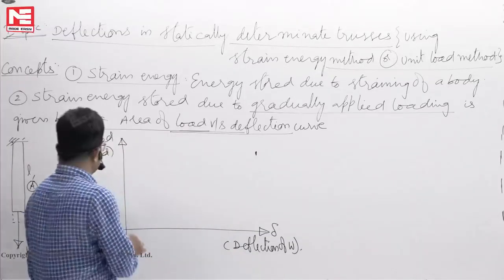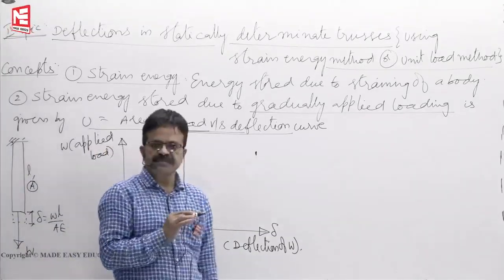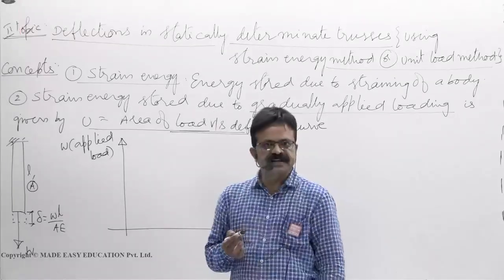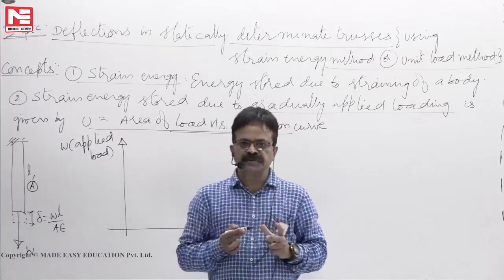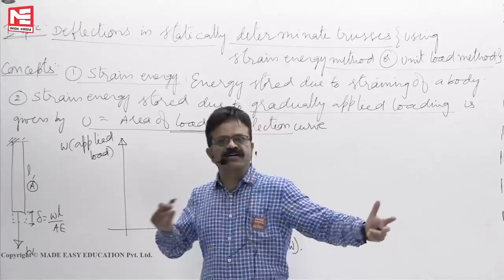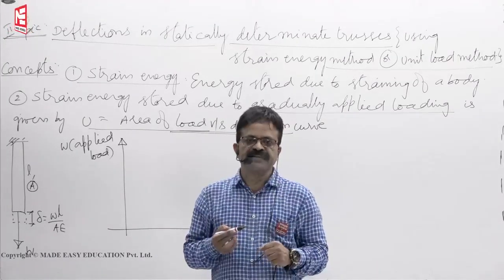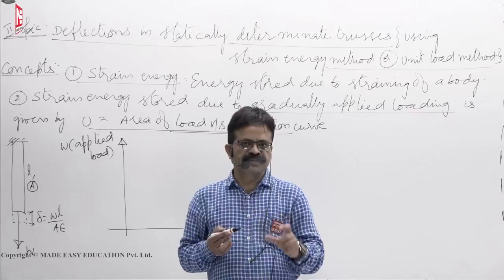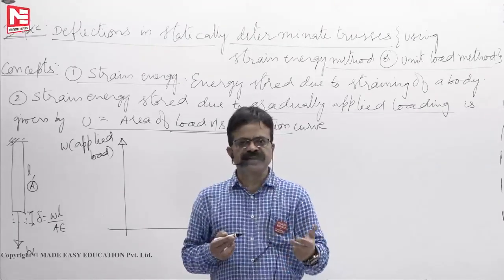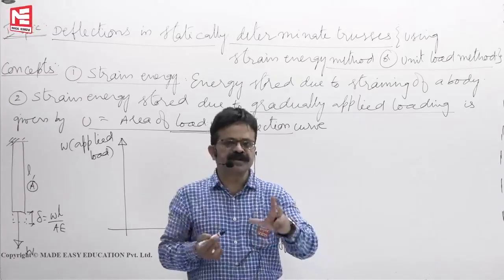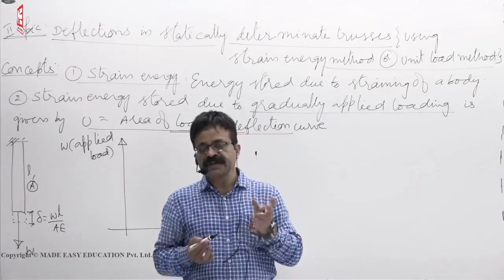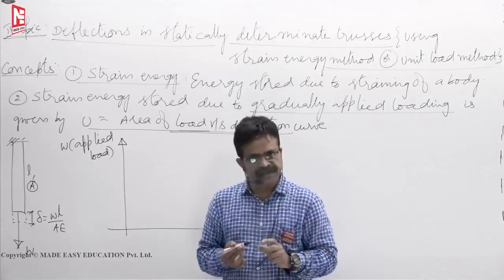Initially the applied load is 0. Gradually applied load means that initially zero load will be there and you want to apply, say, 100 kilonewtons. The time taken will be very large, maybe half an hour. First zero kilonewton, then 1, 2, 3, 4, 5 like that, up to 100 kilonewtons. Sufficiently large time will be there to apply that load. Such loads are called gradually applied loads.